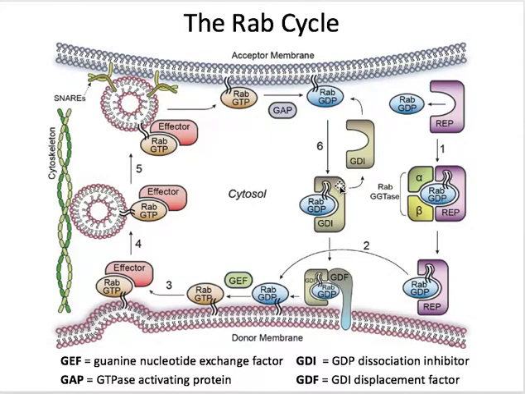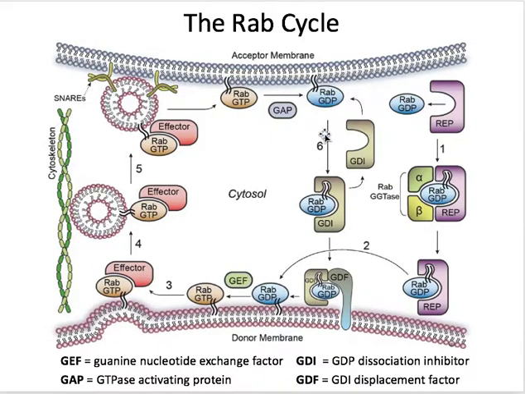So the GDI, and this is what the Cheney lab works on, the GDI can escort or remove the GDP-bound Rab from its final membrane, return it back to its original membrane, so then it's primed and ready to go and able to be activated by a GEF again to be activated Rab and complete this cycle all over again.